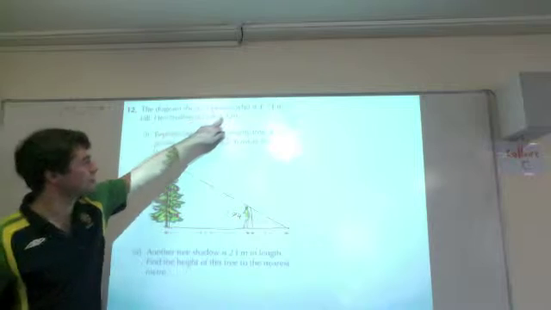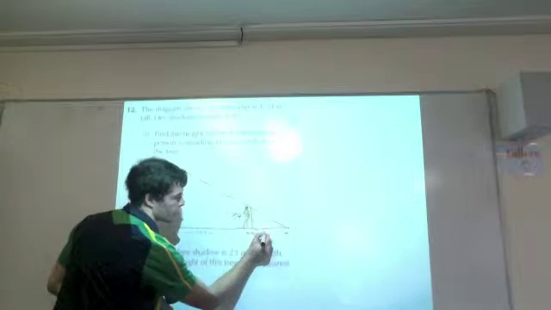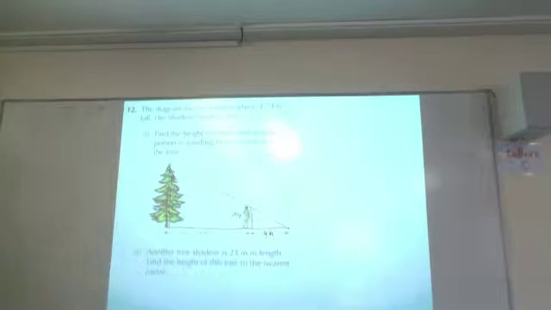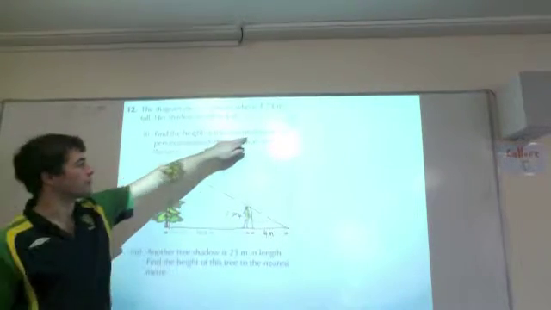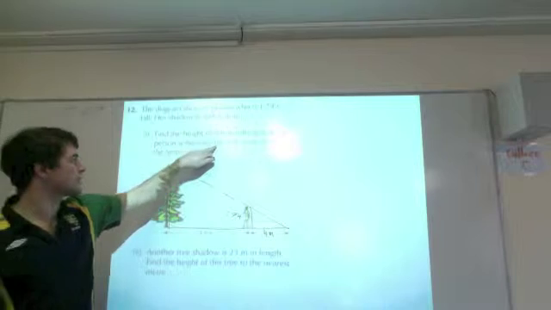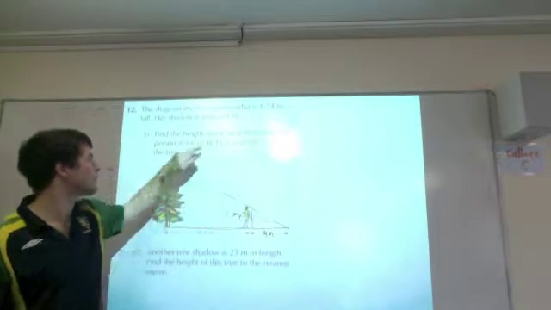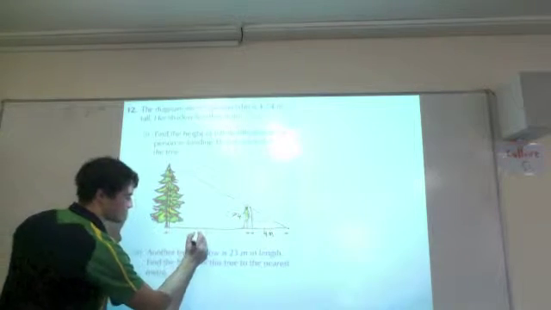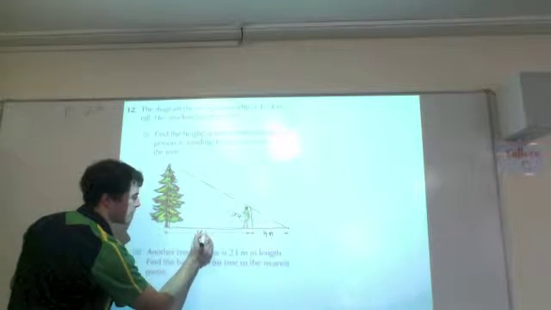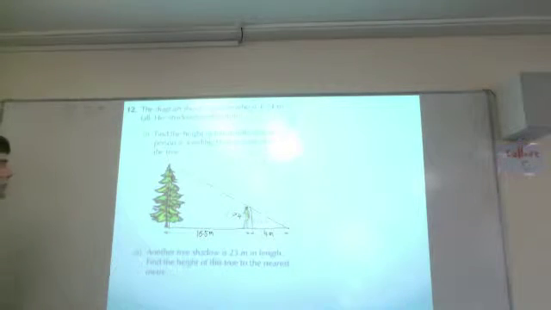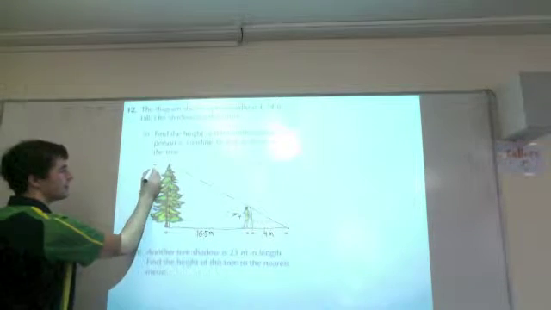Her shadow length is 4 meters. Find the height of the nearby tree if the person is standing 16.5 meters away from the tree. So we have 16.5 meters here. So we need to find this height.